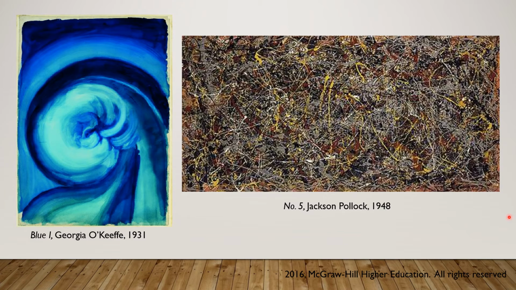Now, Jackson Pollock's Number 5, that one's a little different. There doesn't really seem to be an emphasis. And so in that case, you kind of have to work, I guess, more with a theme with it.